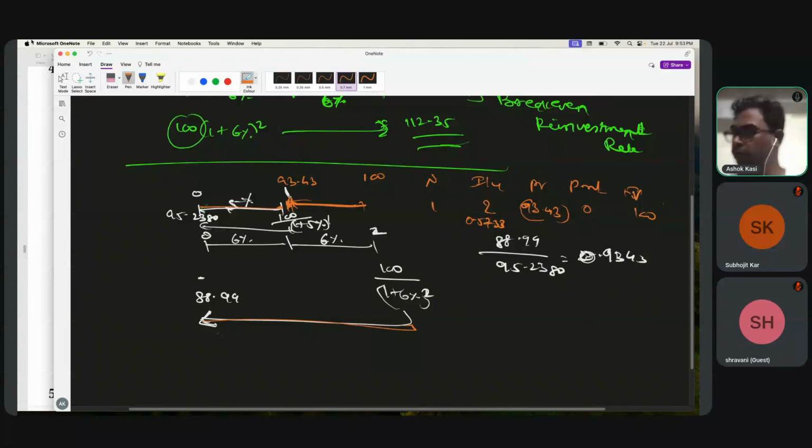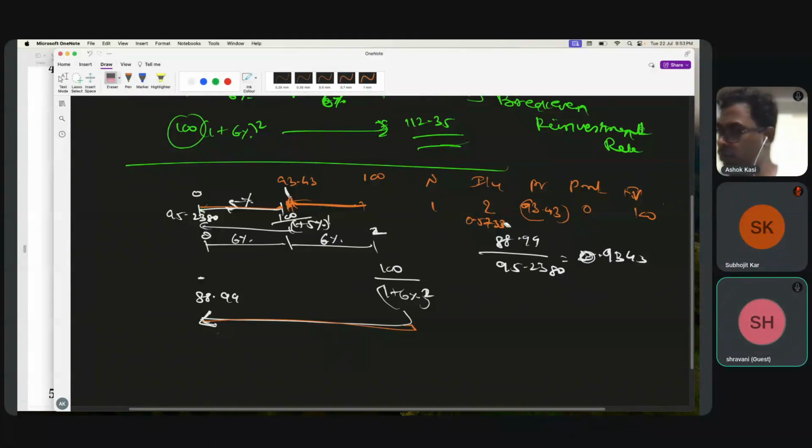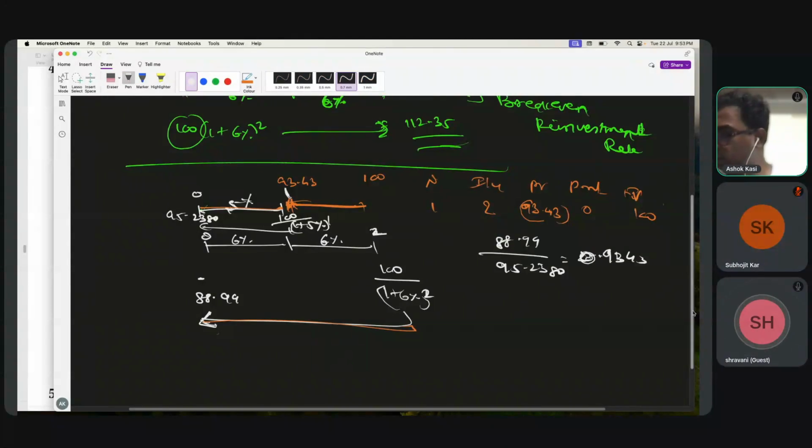Shravan, you are getting the same answer? No, I'm getting 7.032. I made a mistake last time. So that is a decimal. It will come to 7.003, right?